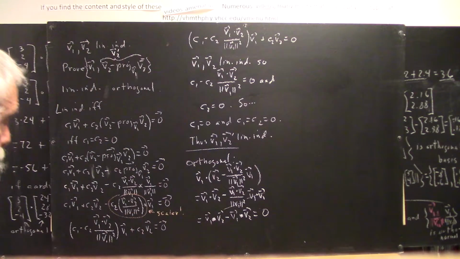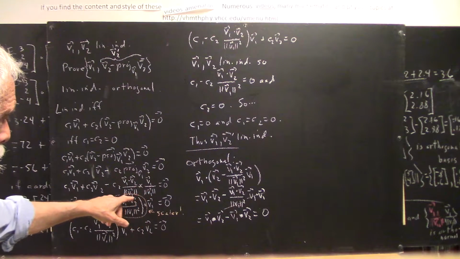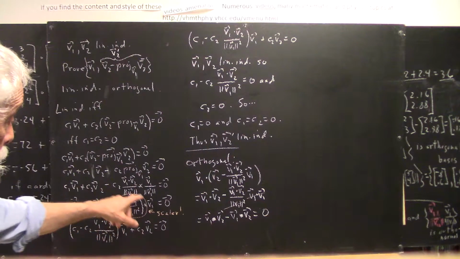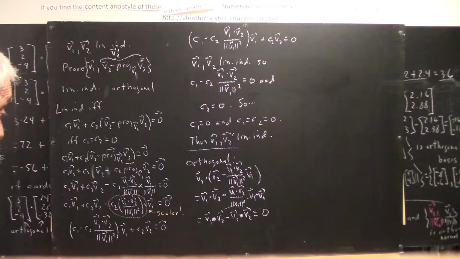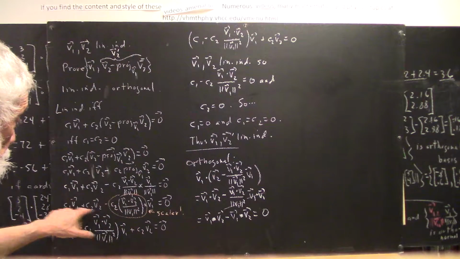In this step, I go ahead and combine the magnitude of V1 and the magnitude of V1 here, get magnitude of V1 squared, and observe this is just a scalar, so this is just a multiple of V1.